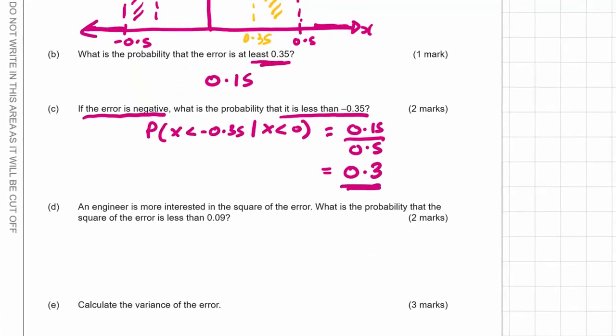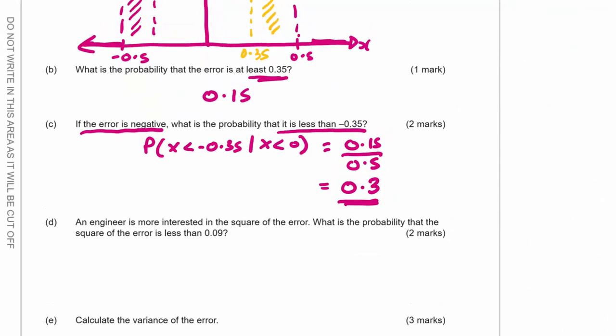An engineer is more interested in the square of the error. What's the probability the square of the error is less than 0.09? Well, if the square of the error is less than 0.09, then the error itself is going to need to be between negative 0.3 and 0.3.